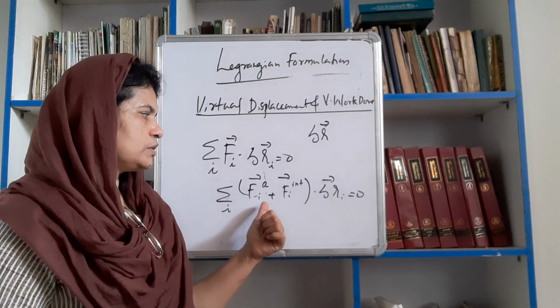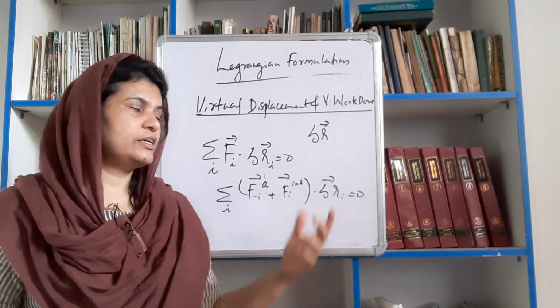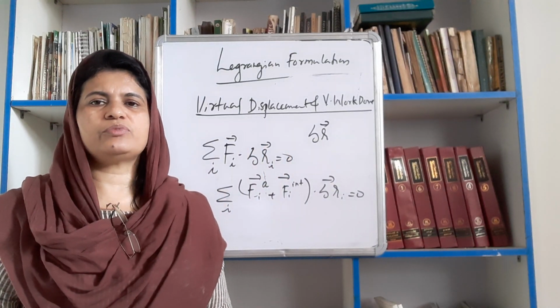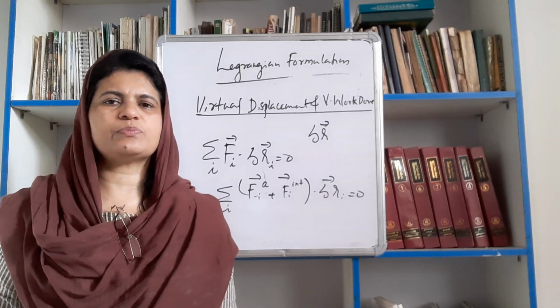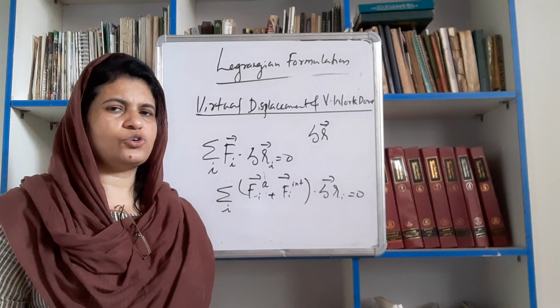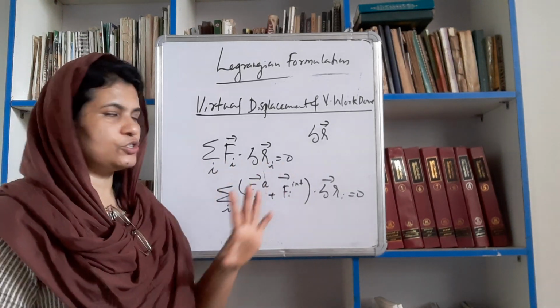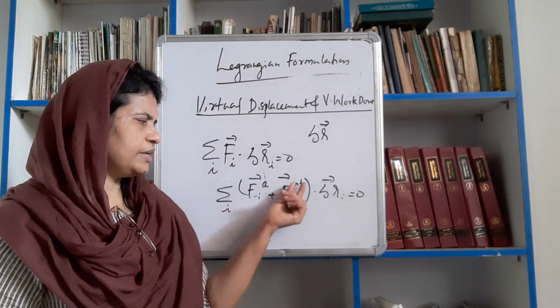Total force dot delta ri is the total virtual work done because of the virtual displacement, and it is equal to 0, because virtual displacement does not mean real displacement. There is no real motion of particles, and the total force is equal to F applied plus F internal.